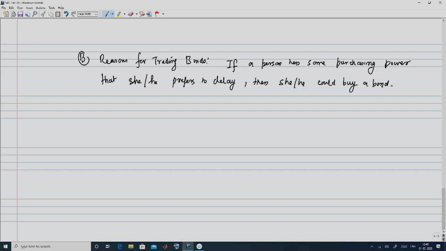Okay, now you would recall that we started off looking at the broader classification of securities, and we identified bonds as being representative of a risk free asset.